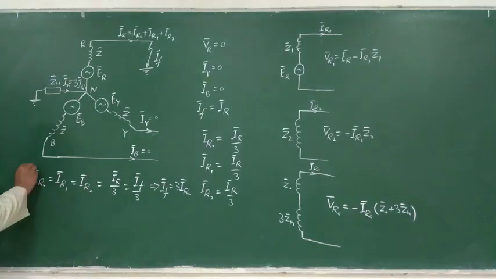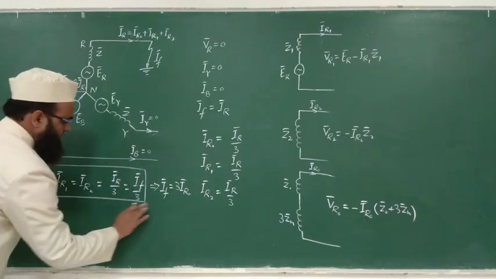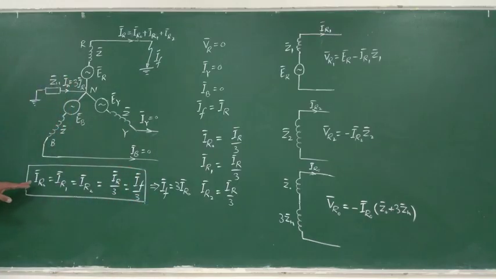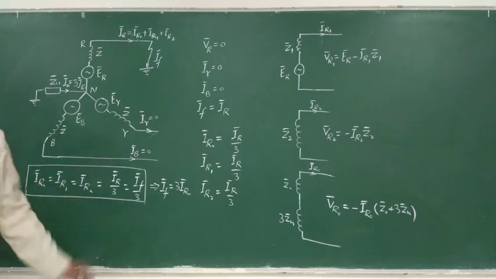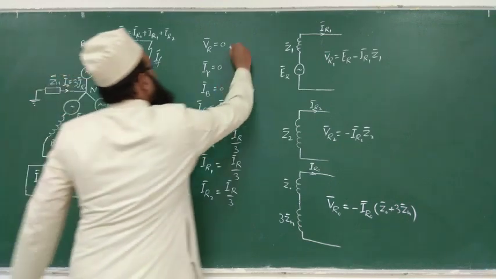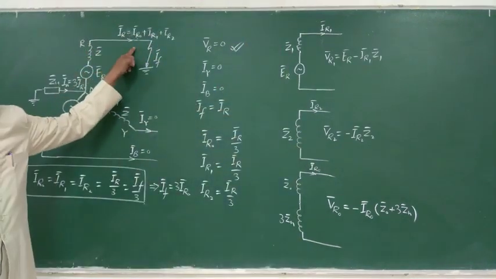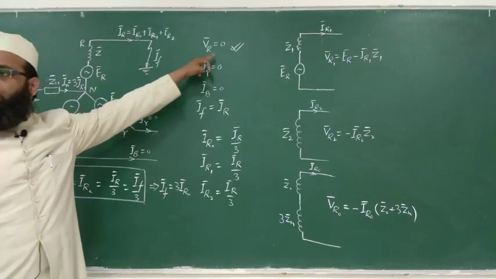This one relationship is this among the sequence components of current flowing through the R phase in which fault has occurred. Second one is this one. As fault has occurred in R phase, so this VR will be equal to 0.